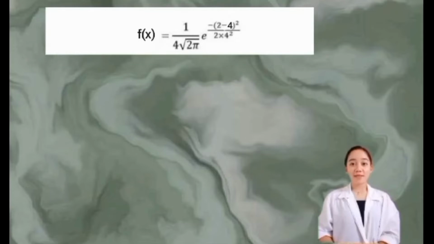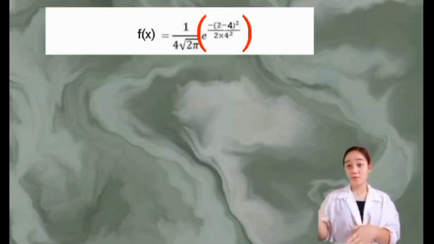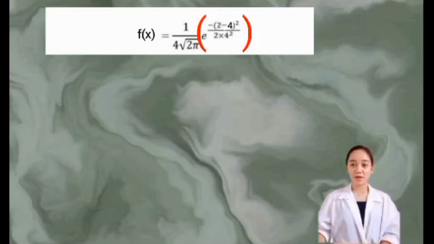So, same as example number 1, we will split it into 1 over 4 times the square root of 2 times pi, and e raised to the power of negative times the quantity of 2 minus 4 squared over 2 times the quantity of 4 squared.